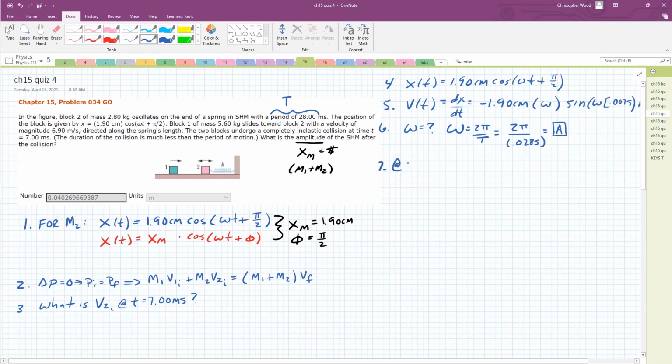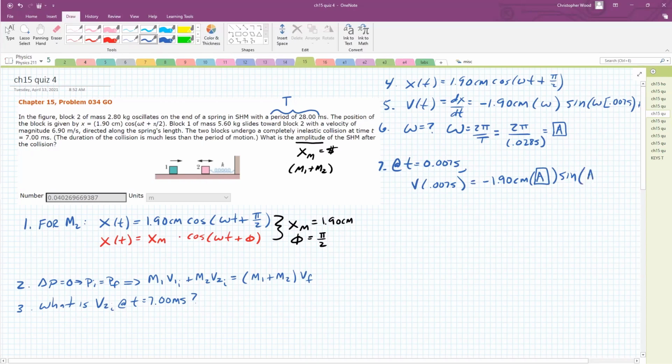Once again, at t equals 7 milliseconds, my velocity equals negative 1.90 centimeters times omega, which is calculator memory location A, times sine of omega times t.